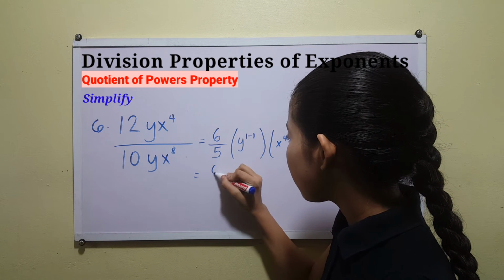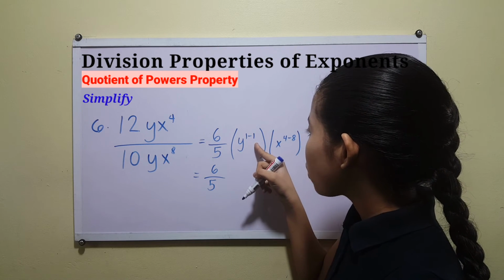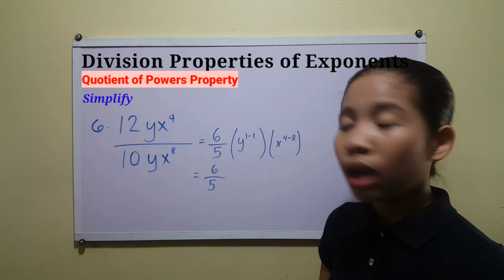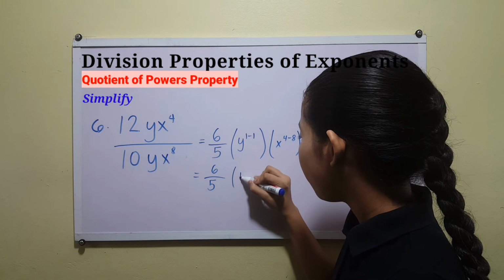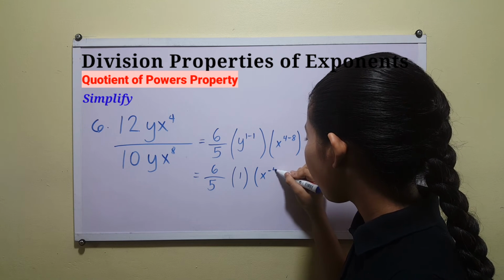Then we have 6 over 5 times y to the power of 1 minus 1 is 0. And y to the power of 0 is equal to 1. Times x to the power of negative 4.